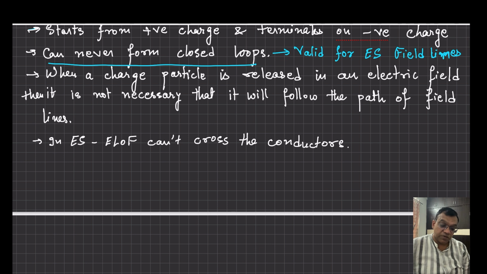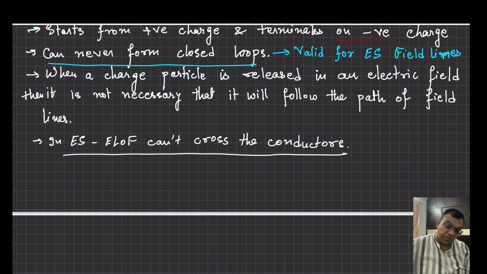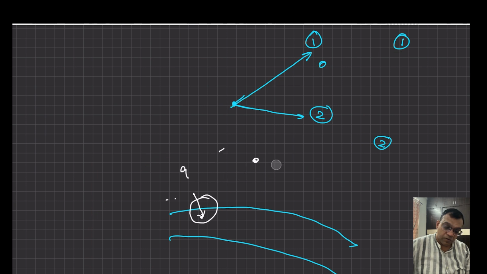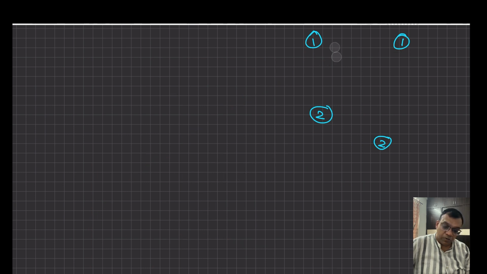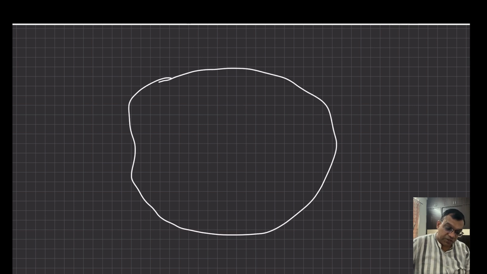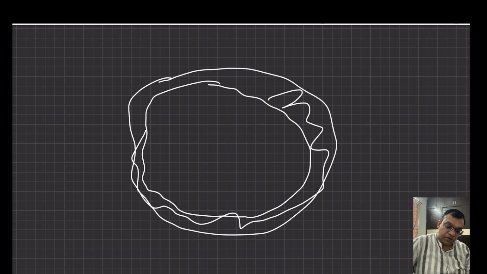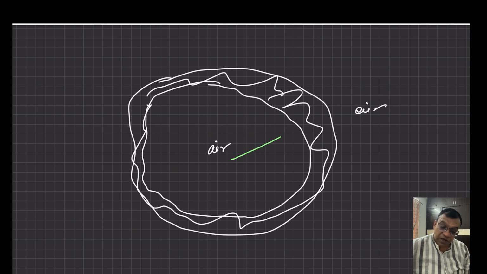In electrostatics, electric lines of forces cannot cross the conductor. What it means, that also I would like to explain. Let us say this is the conductor. Here it is a hollow conductor I am taking. Here some air enclosed, here also some air. Then in electrostatics, electric lines of forces cannot cross here.